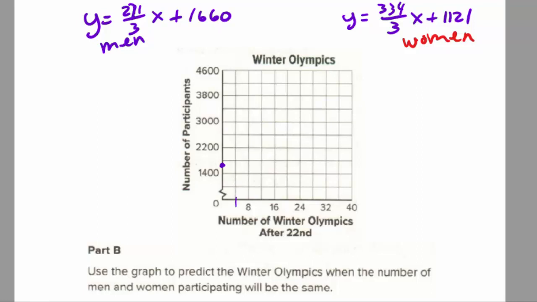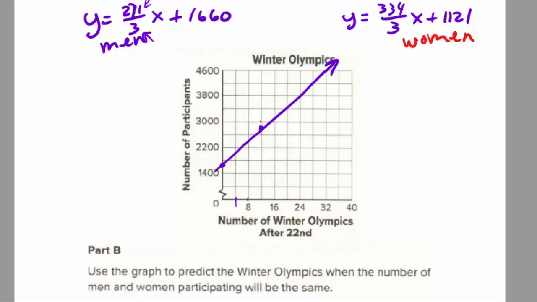Notice how these are going by 4s, 4, 8, 12. So if I go over 12, that means I move this over 4 times, which means I'm going to make this go over 4 times. So I'm going to try to plot a point up along this line right here. Over 4 times means I went up 4 times. So that's about 1080. And that would put me probably around this point right here.